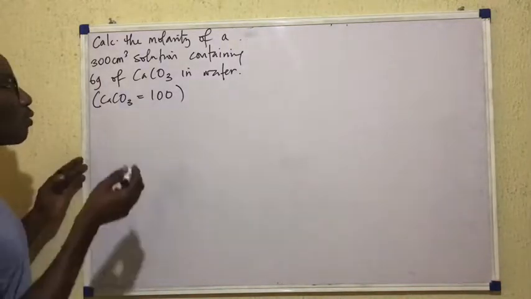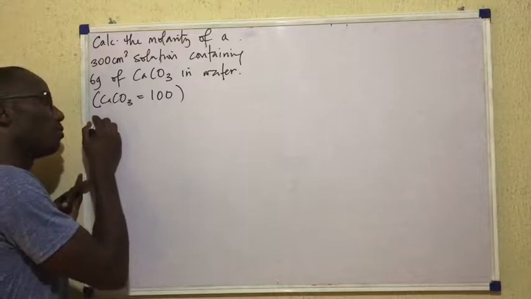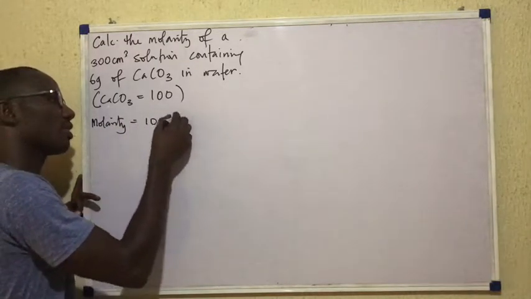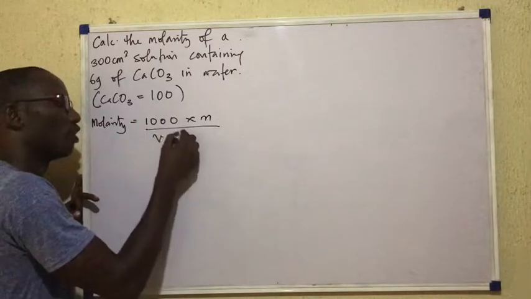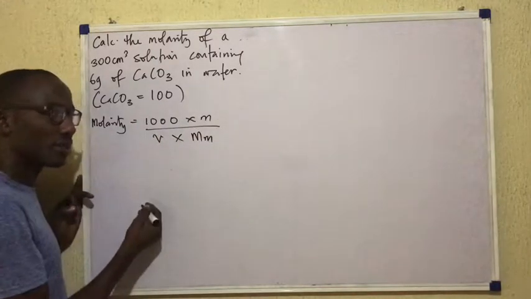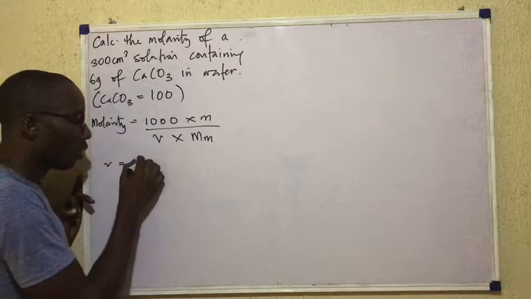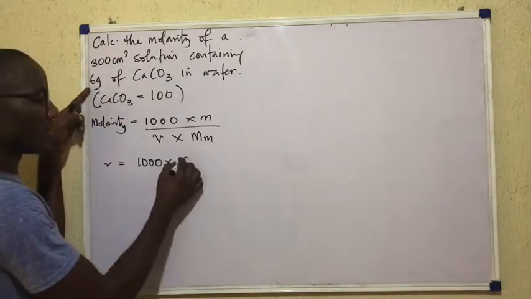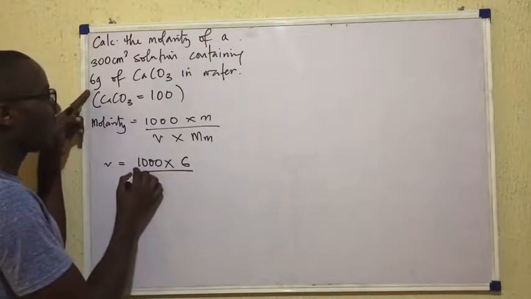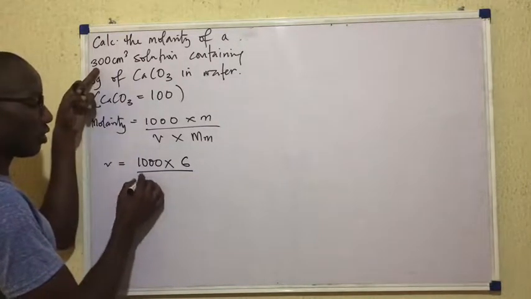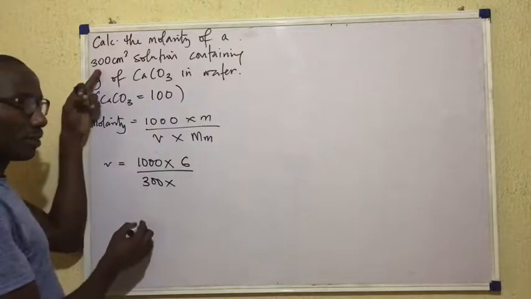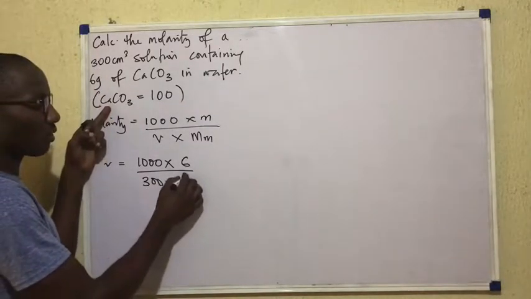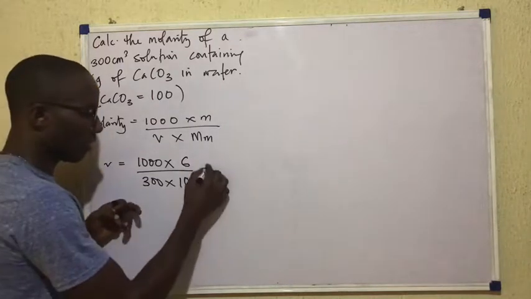Now, as a simple question, the molarity will be calculated as 1000 times mass over volume times molar mass. So the molarity becomes 1000 times the mass of solute, 6, divided by the volume of the solution, 300, times the molar mass of the solute, 100.